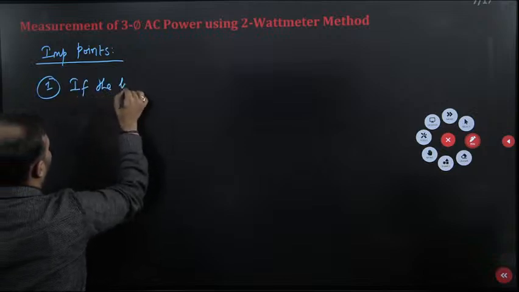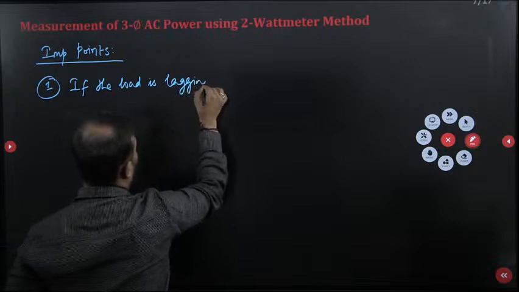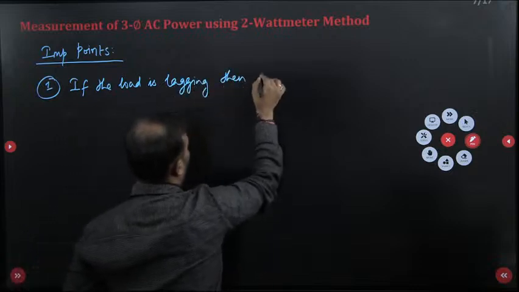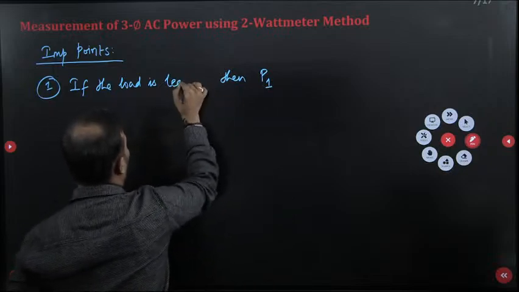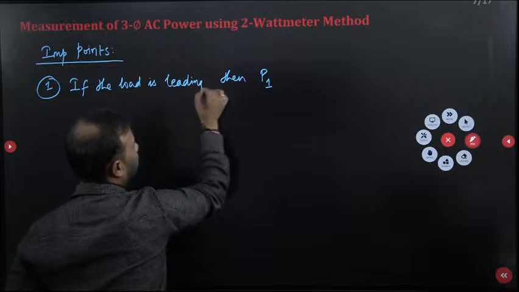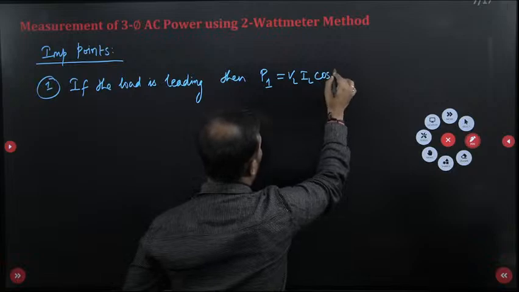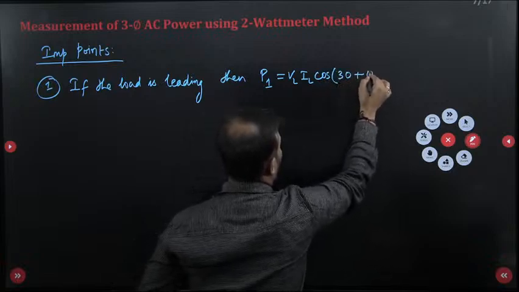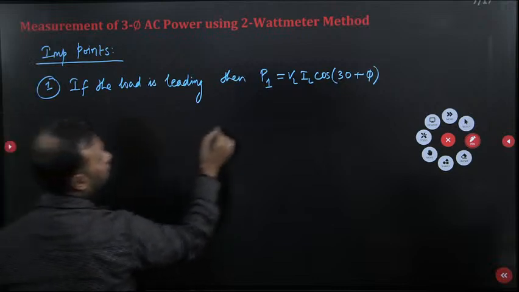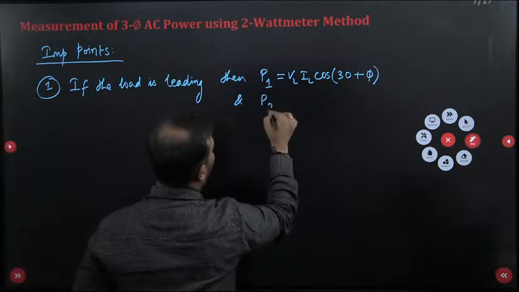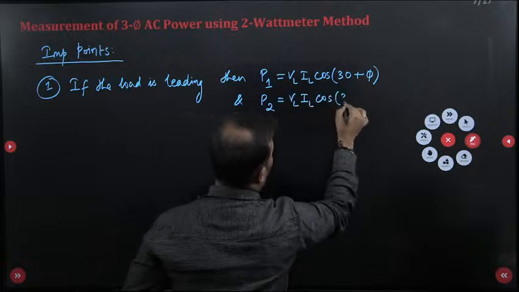If the load is leading, not lagging. For the lagging we had already derived. For leading, then P1 will be VL IL cos of 30 plus phi, and P2 will be VL IL cos of 30 minus phi.